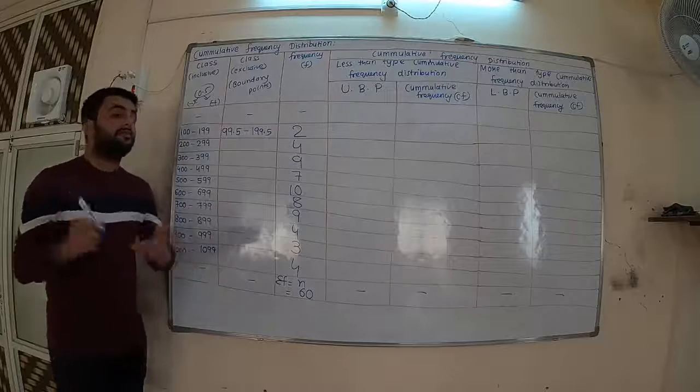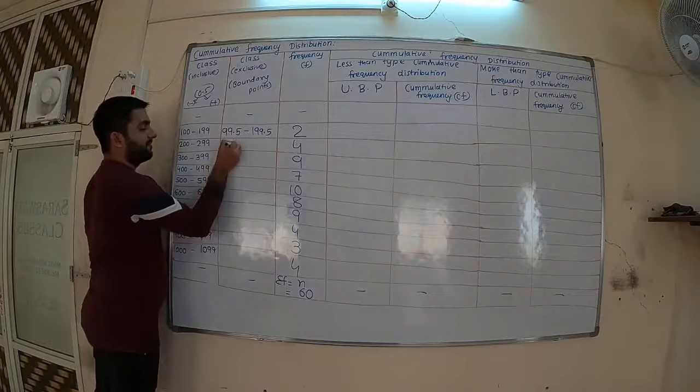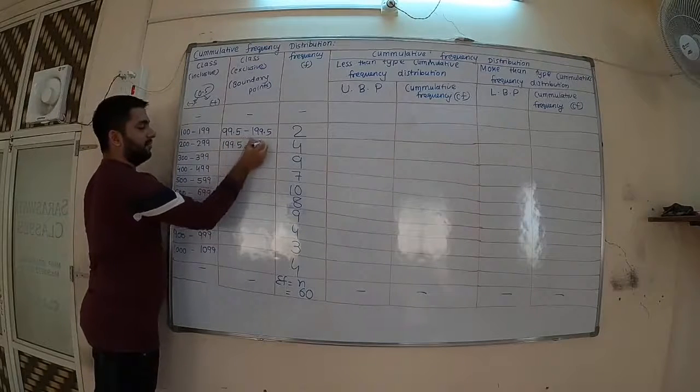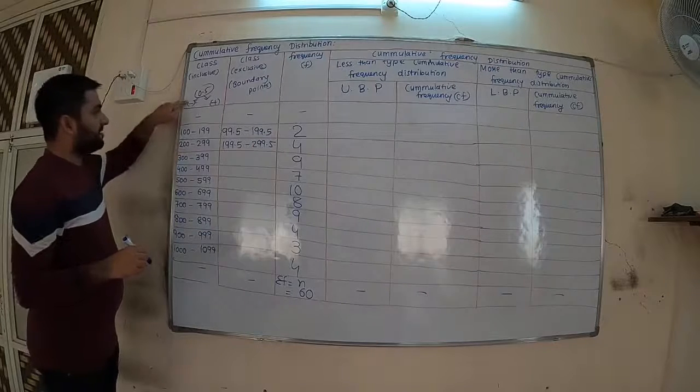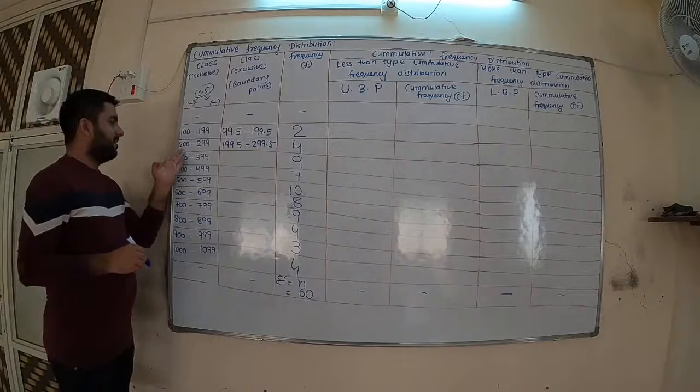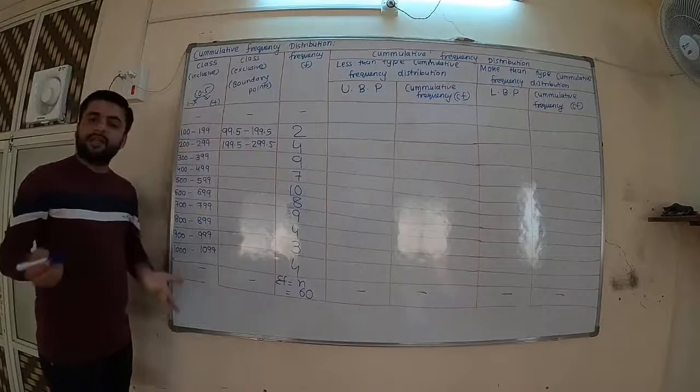Now the flow will go in the same way: 199.5 to 299.5. If you need, you can check: 200 minus 0.5 is 199.5, 200 plus 0.5 is 299.5.